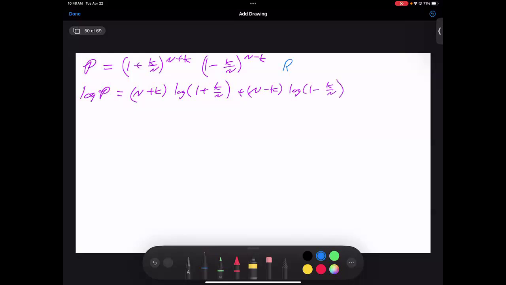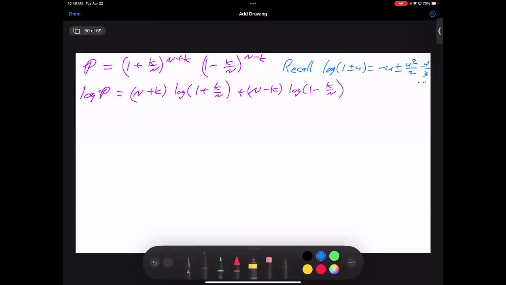And recall the log of 1 plus or minus u is plus or minus u minus u squared over 2 plus or minus u cubed over 3 dot dot dot.